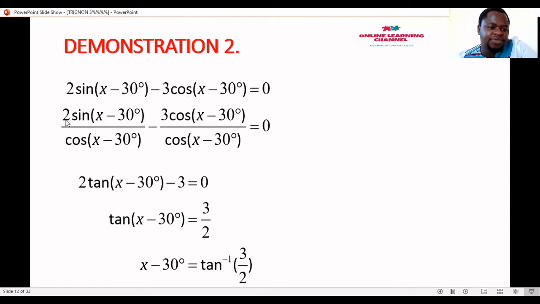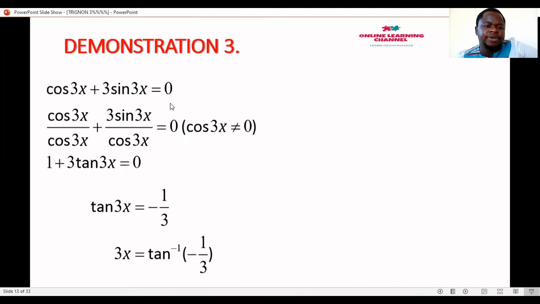Here you have 2 times sine over cos, which will be tan of x minus 30, minus 3, which is equal to 0. Then you transfer this to the other side and you have 3. Divide by 2 and you have 3 over 2. So x minus 30 is equal to arc tan of 3 over 2, the inverse, as you say. This should be simple.